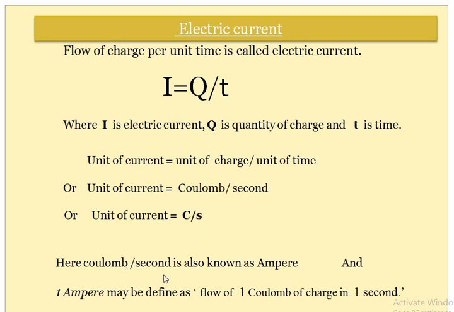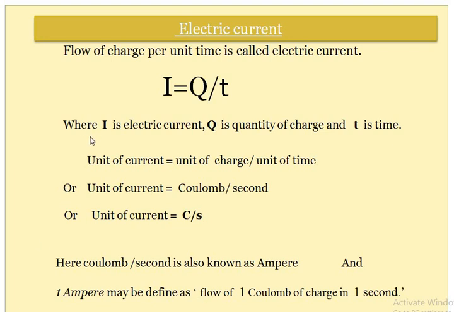Here coulomb per second is also known as 1 ampere. 1 coulomb per second has another name called ampere, and 1 ampere may be defined as flow of 1 coulomb of charge in 1 second. Here again I am repeating, 1 ampere may be defined as flow of 1 coulomb of charge in 1 second.